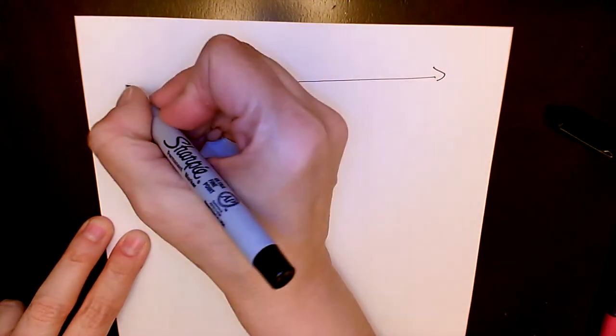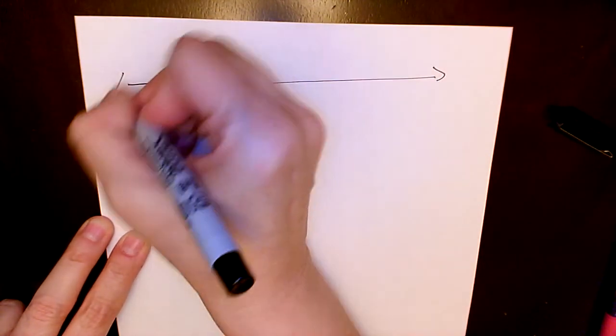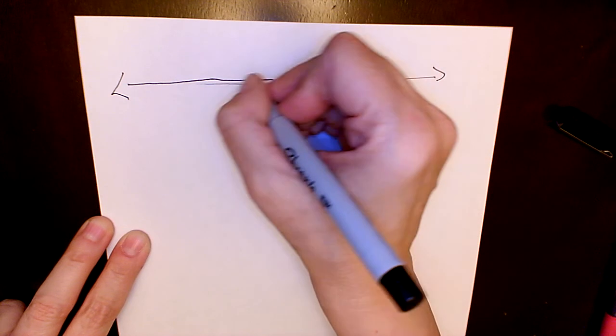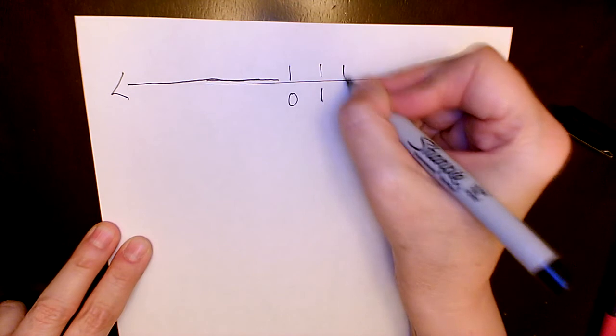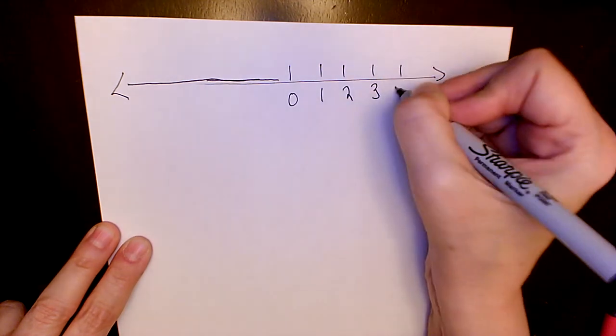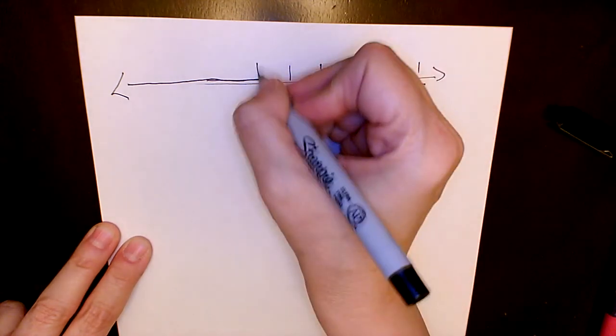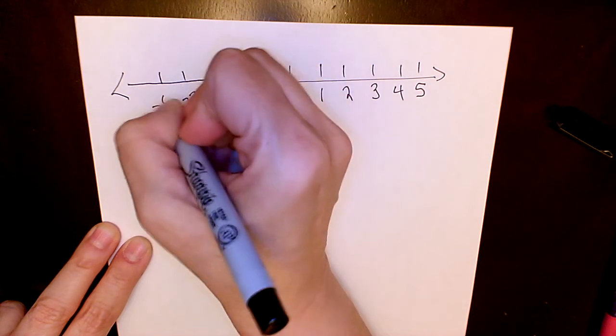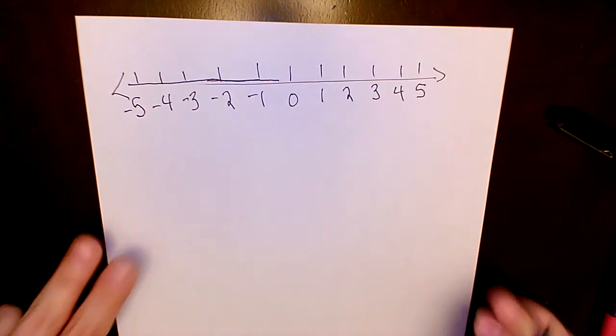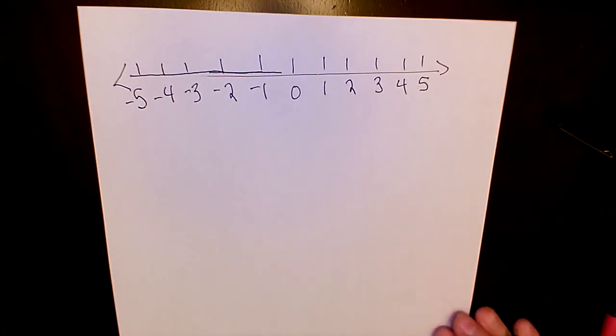Okay. So, whoops. Here is the number line. I'm going to put a 0, and I know to the right are my positives, and I know to the left are my negatives.